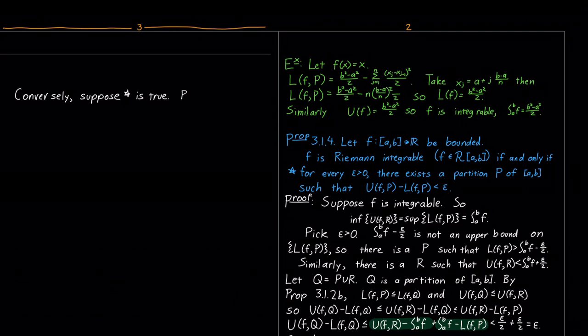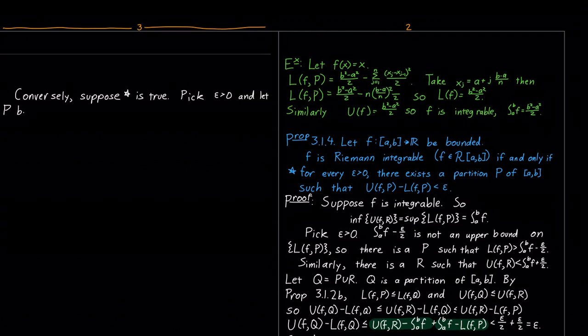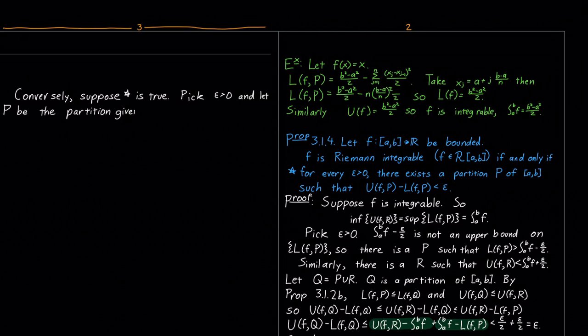We're going to pick epsilon greater than 0 and let P be the partition given by condition star.